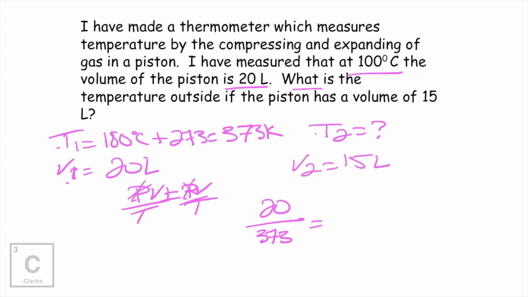We're looking for temperature 2, so that X goes on bottom, and then 15. Again, we cross multiply and divide: 373 times 15 divided by 20 equals. Everything up here had 1 sig fig. I'm getting 279, but if I round that to 1 sig fig, then that temperature is 300 Kelvin.